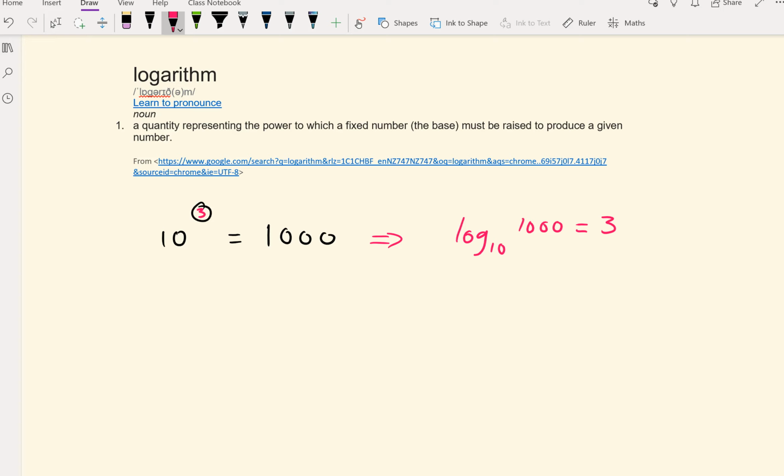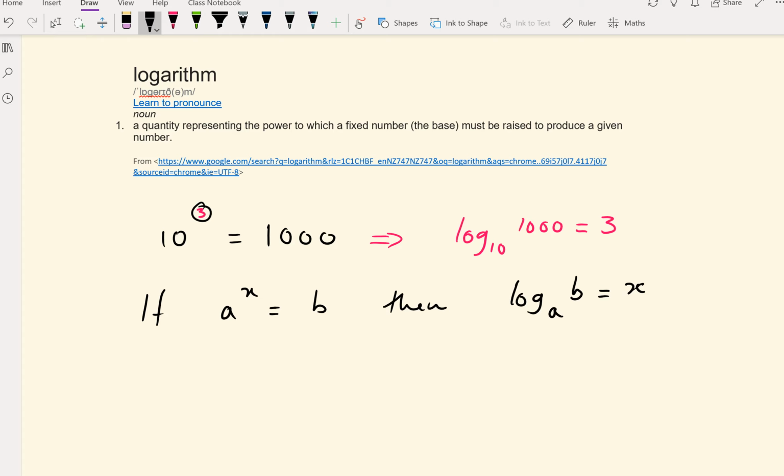So if I want to generalize this, I can say the following. If a to the x is equal to b, then log to the base a of b is going to equal x.